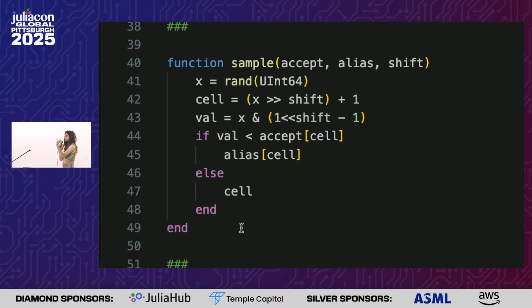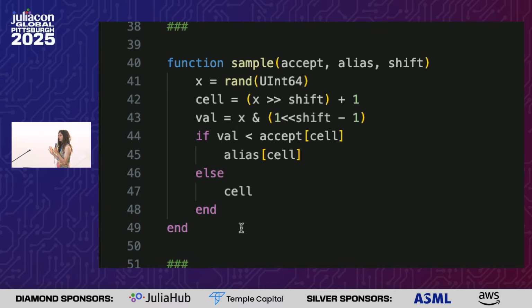We reuse the trailing bits. We take a single 64-bit integer, take the first few bits and allocate those to determining which bucket it'll go to, and take the remainder of the bits and use that in the comparison to the acceptance probability.